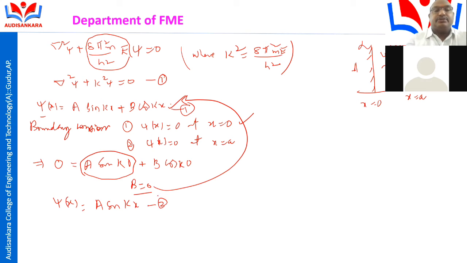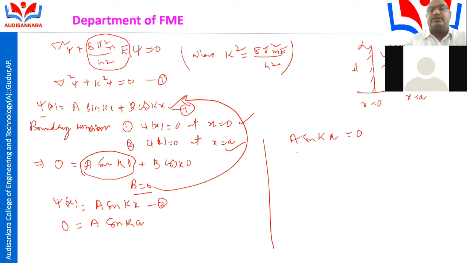In equation 2, apply the second boundary condition: psi of x is equal to 0 at x is equal to a, then 0 is equal to a sin ka. My dear students, a sin ka is equal to 0, so either a is equal to 0, or sin ka is equal to 0.